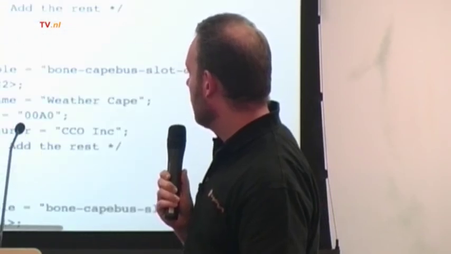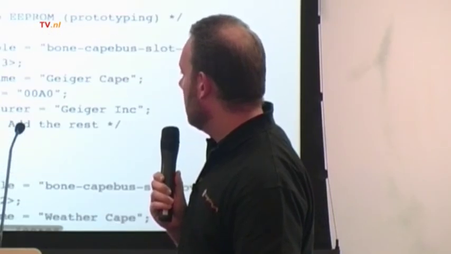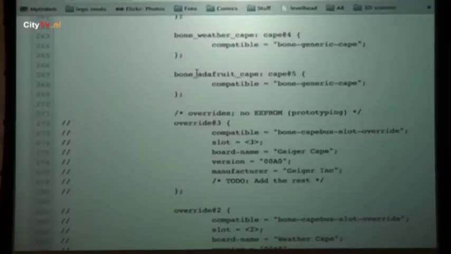And what other things did we have in the KBus? Let me scroll up. It's still a lot of text you have to put in, which is why I was complaining about the lack of tools. So if you design a simple cape and don't want to put in the EEPROM or don't program it, we have an override function where you just basically say one slot in the bus is used by this thing.